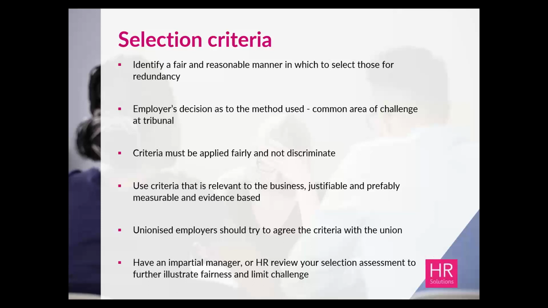If you do proceed with using attendance records, just make sure that any absences that could be associated with somebody's disability are absolutely removed and excluded. But there are obviously concerns with using somebody's absence record. And for those of you that are unionised, try and seek agreement around the criteria that you're going to use.